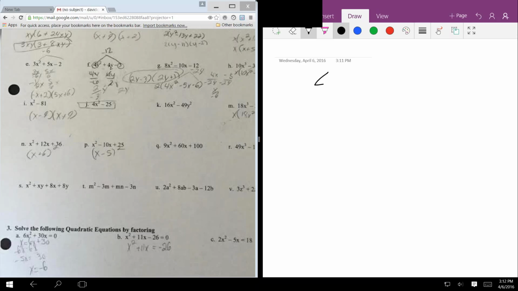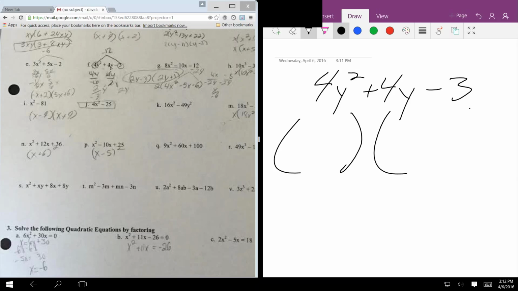I'm going to write it out. 4y squared plus 4y minus 3. Well, let's see if we can factor it. Break up the 4y squared. What's the most likely way that we should break it up?